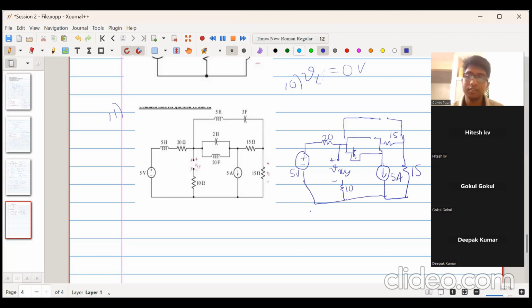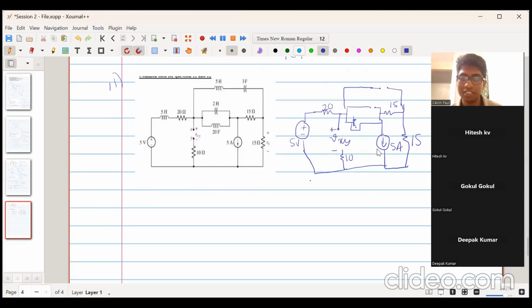Any doubts in this messy circuit? No, sir. Yeah, it's very untidy. I'm sorry. So this is the circuit. In steady state, this will be the effective circuit.